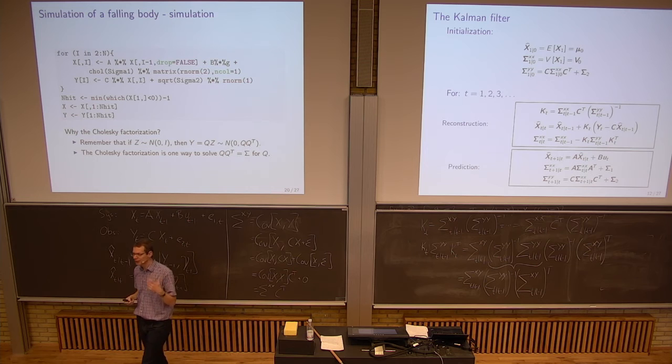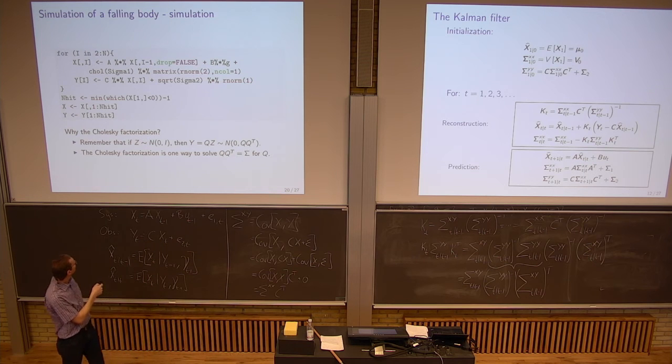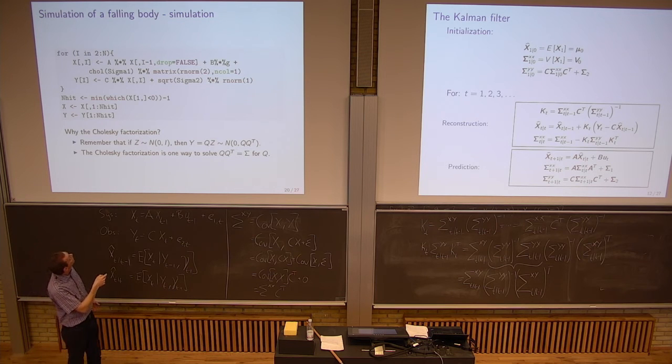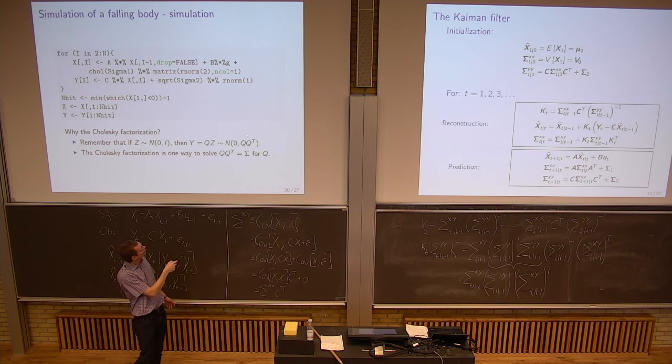So that means that if we can create Z as some standard normal, we can do that easily. That's what we do right there. To make a column of 2 standard normal variables that are non-correlated, then if we can find a matrix Q that multiplied by itself gives us the covariance matrix that we want for the data, then we are safe.